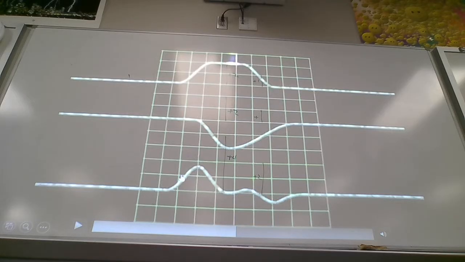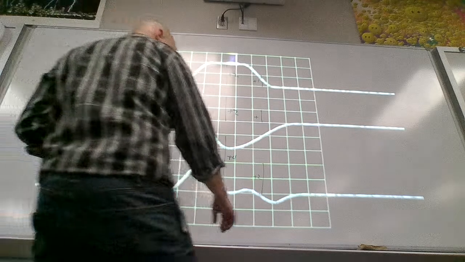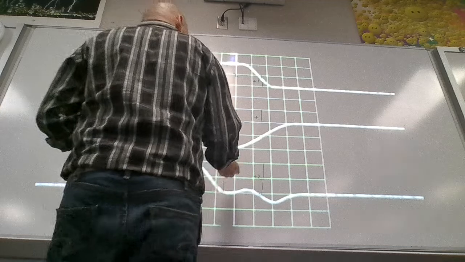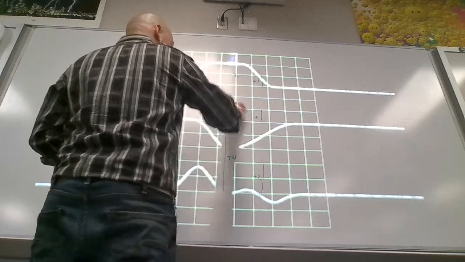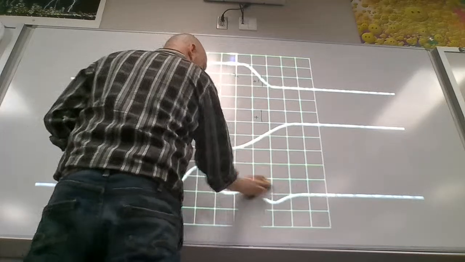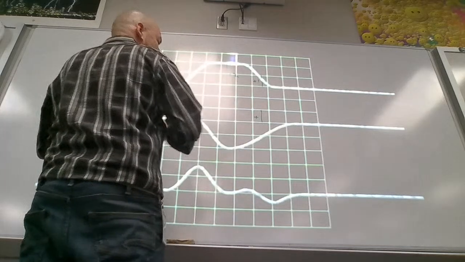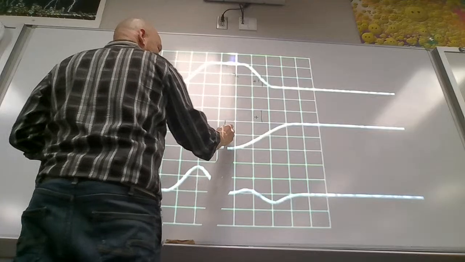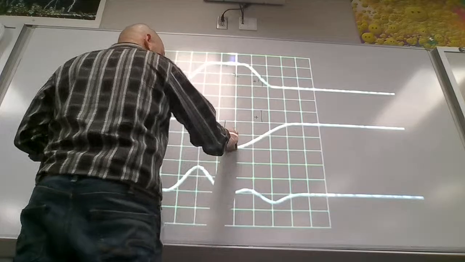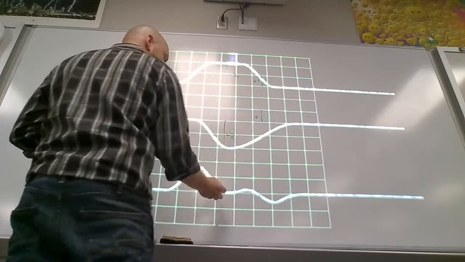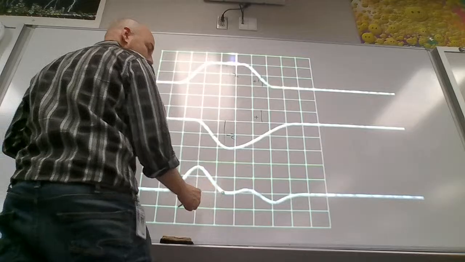Here I have an amplitude of +2. Here I have an amplitude of -2. Adding those together, I get 0.